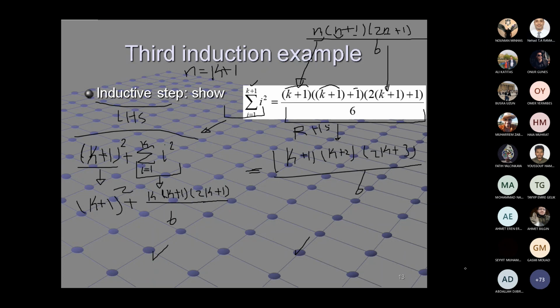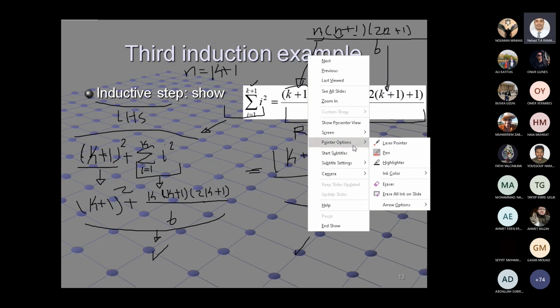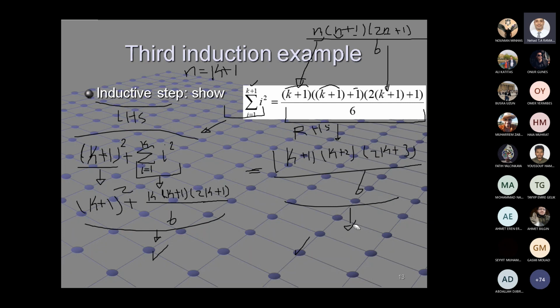Why? Just to eliminate this 6. I don't need the division to have this 6. Make it much simpler for me. So I will multiply this side by 6 and this side by 6. This will not change the equation. When you multiply both sides with the same number, you don't change the result.